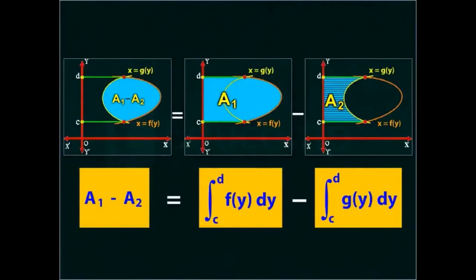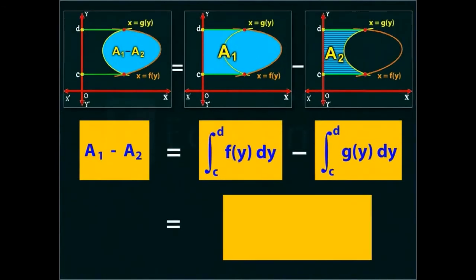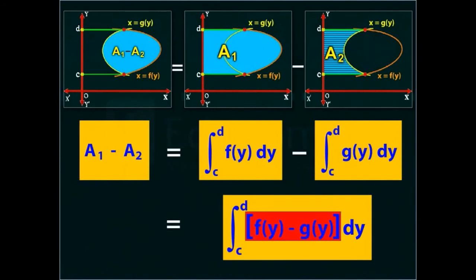The difference of these integrals is equal to the definite integral from c to d, f of y minus g of y whole dy. This is because the property of a definite integral states that the integral of a difference of two functions is equal to the difference of the integrals of each function.